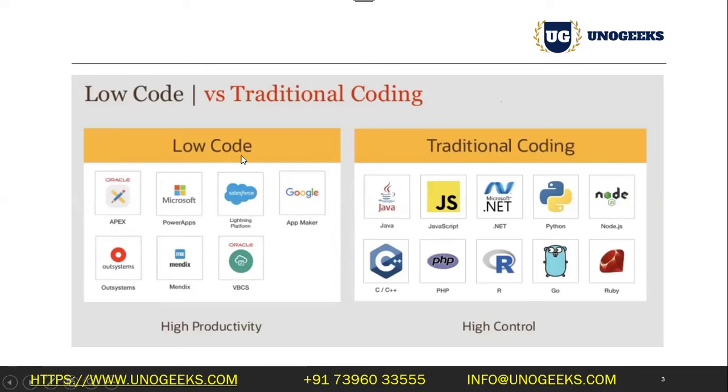A few examples of low-code platforms are Oracle Apex, Power Apps, Lightning Platform, App Maker by Google, OutSystems, Mendix, and VBCS. Some examples of traditional coding are Java, JavaScript, .NET, Python, Node.js, and so on.